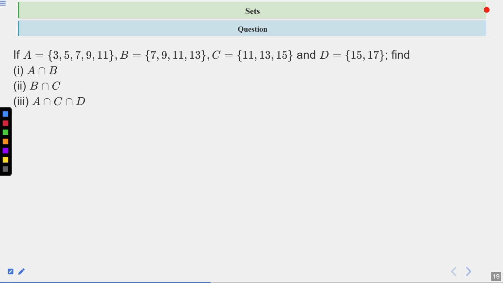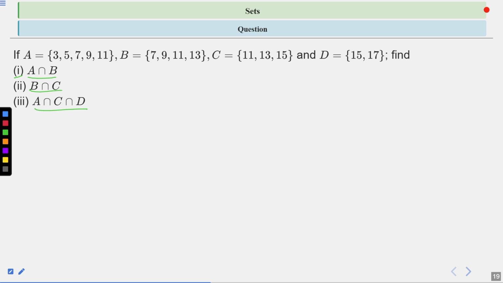Now in this question, you are given 4 sets in roster form: A, B, C, D. First, you have to find A intersection B. Second, you have to find B intersection C. And third, you have to find A intersection C intersection D. Yes, we can say the intersection of 2 disjoint sets is empty.